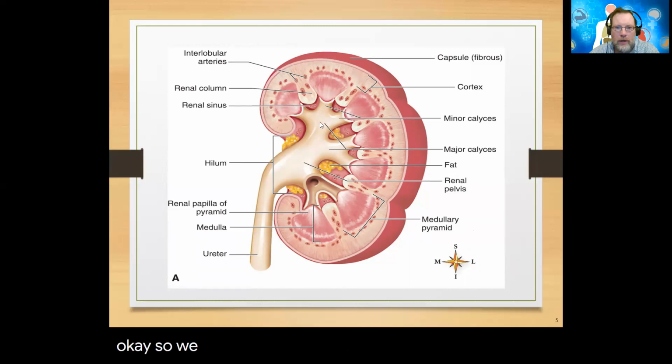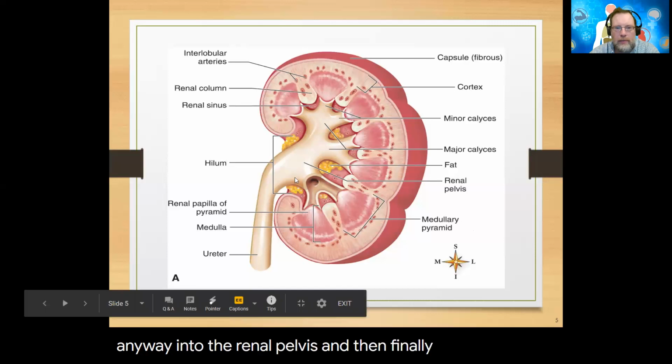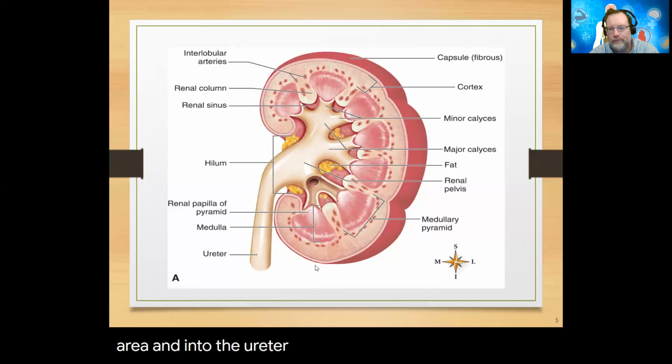Okay, so we see the major calyces, and these are the minor calyces, these little buggers coming off of here. So anyway, into the renal pelvis, and then finally past the hilum area and into the ureter.